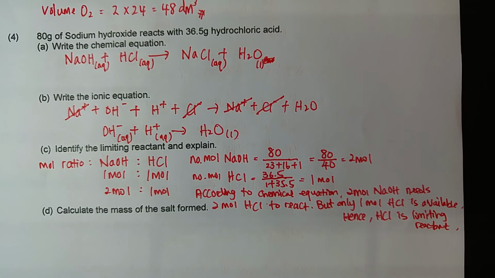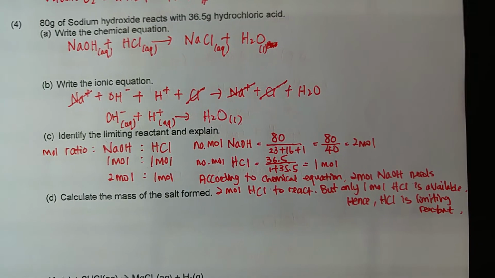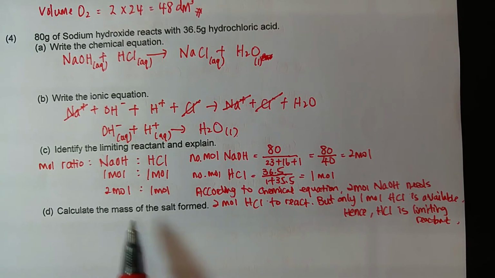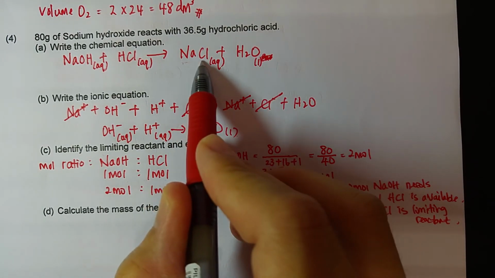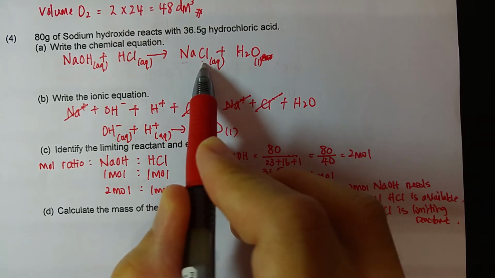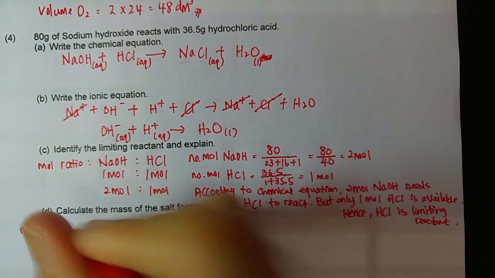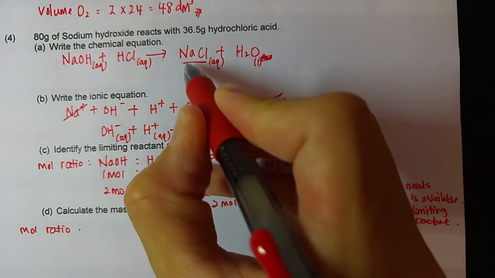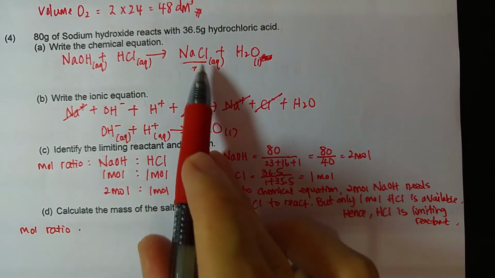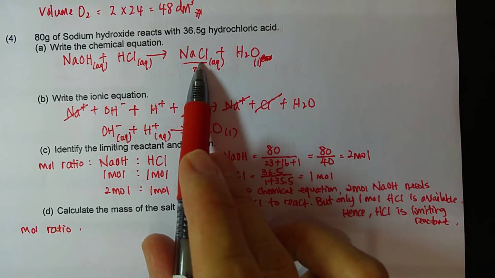Now, the last part of the question says calculate the mass of the salt formed. The salt is actually NaCl. Again, look at the mole ratio. We want to find NaCl, right? Now remember, NaCl is one of the products. The amount of product always depends on the amount of limiting reactant.